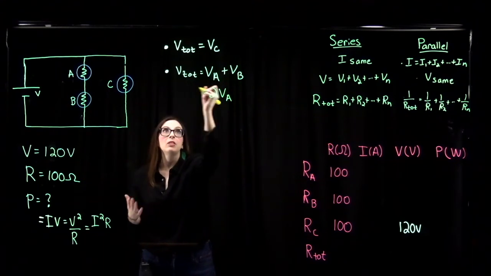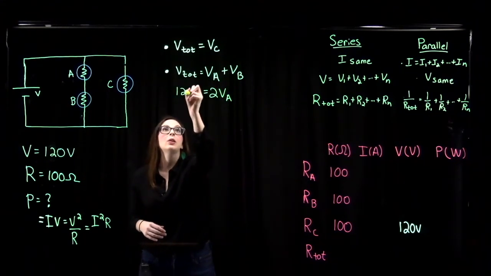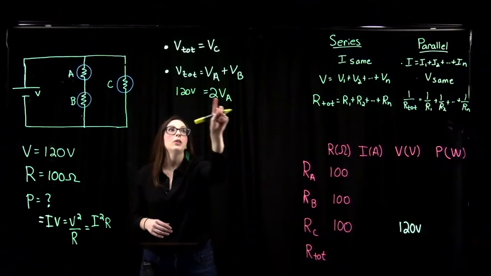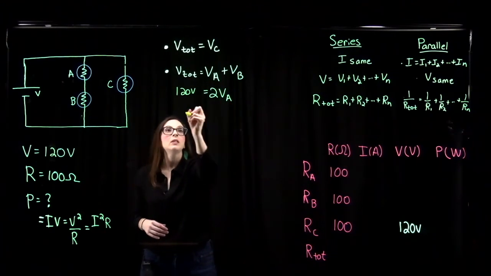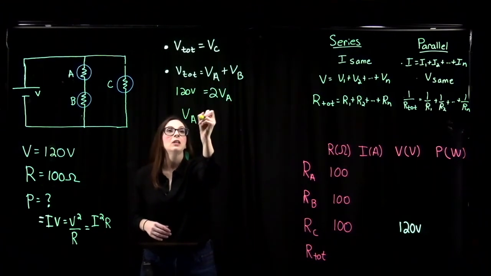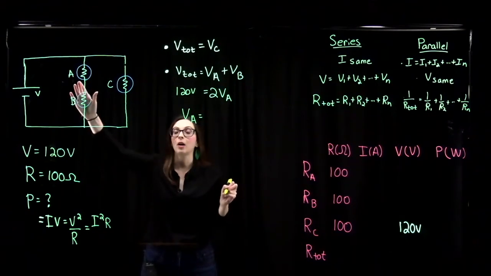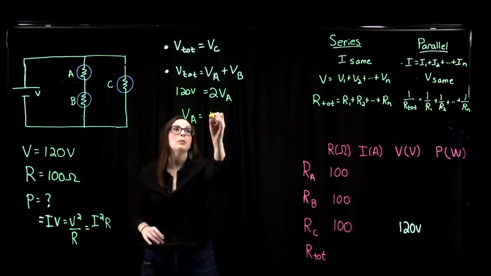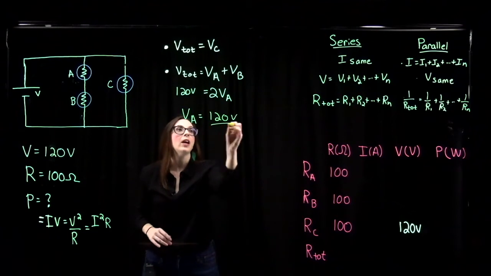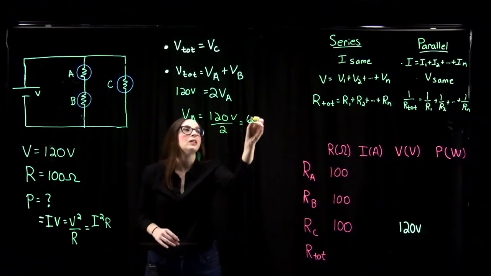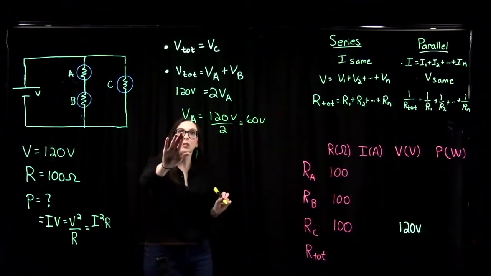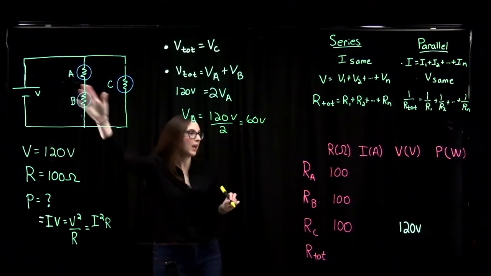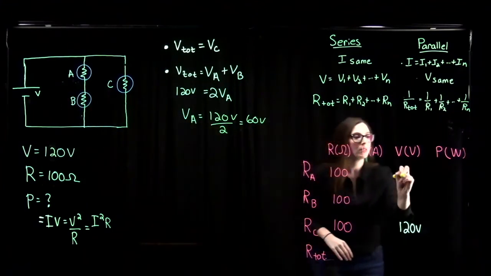So V total was 120 volts. So 120 volts divided by 2 tells me that the potential across light bulb A must be 60 volts.